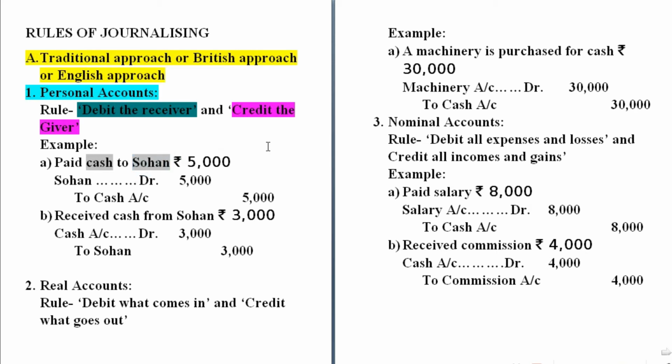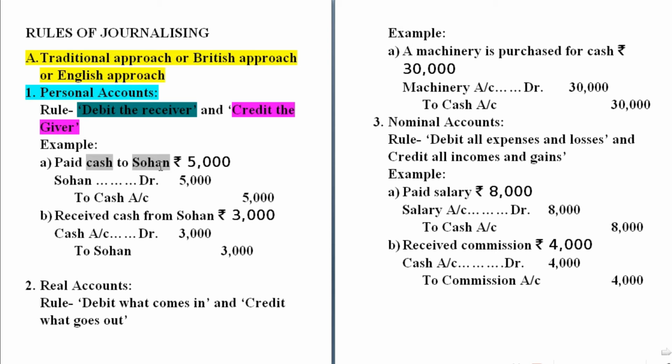So here the question is paid cash to Sohan. You took out 5,000 rupees cash from your business and you gave it to Sohan. So according to the rule, what do we have to do to Sohan? Now Sohan becomes the receiver. You are paying cash, you are giving.